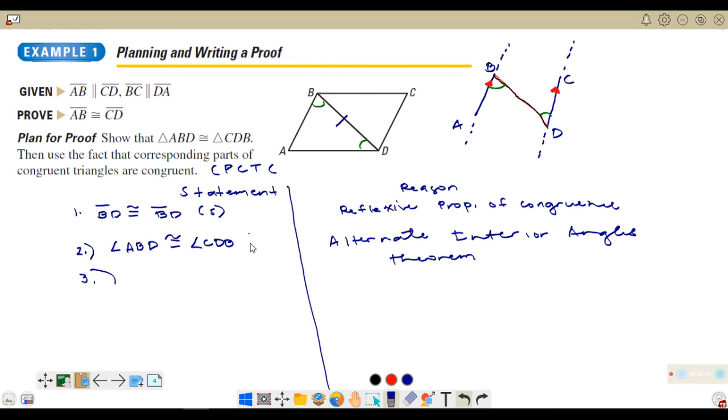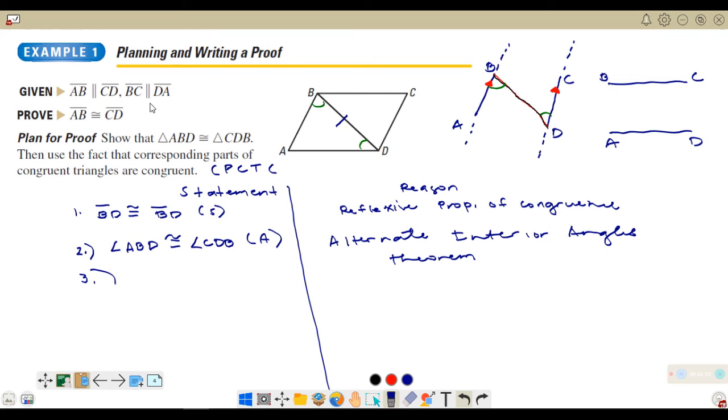Okay. So, meron na tayong isa pang angle. Hanap pa tayo ng isa pang angle. Gawa tayo ulit ng lines cut by a transversal. But this time, let's focus on BC and DA or AD.